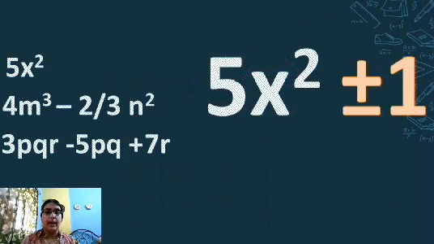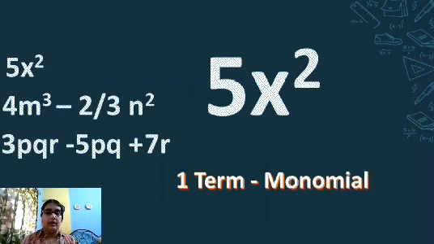If I have to add or subtract a number, like in this case I can add or subtract the number 1, that will be a constant. Why is it called a constant? Because this number does not change. Since we have only one term, that is 5x squared, this is called a monomial expression.